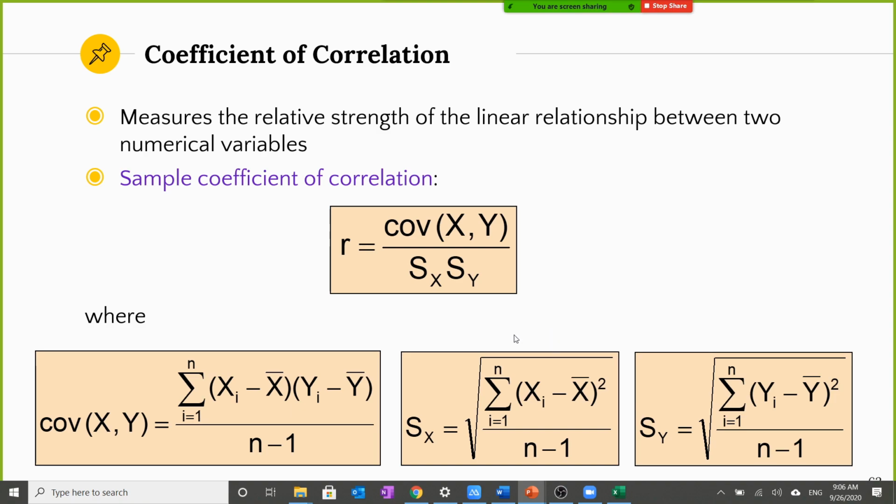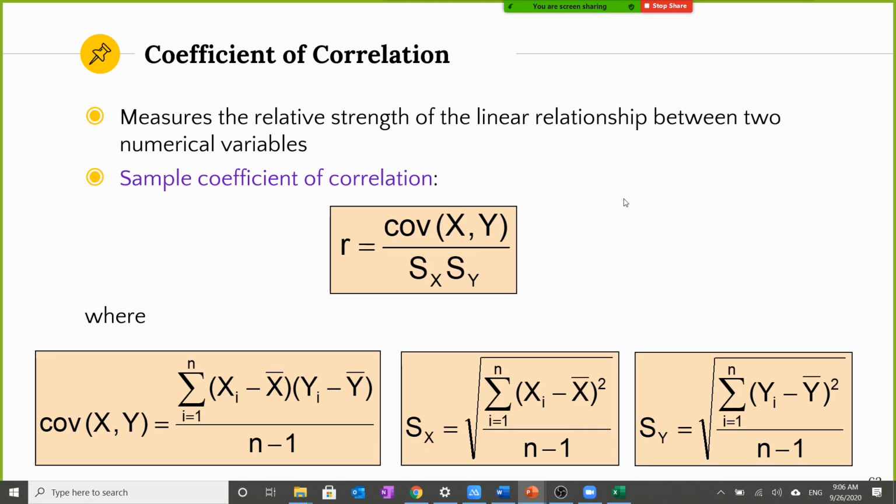This is the formula for the standard deviation, it's the same, no changes, and this is the formula for the covariance. After you have the covariance, you divide it by the standard deviation of x multiplied by the standard deviation of y, then you get this.